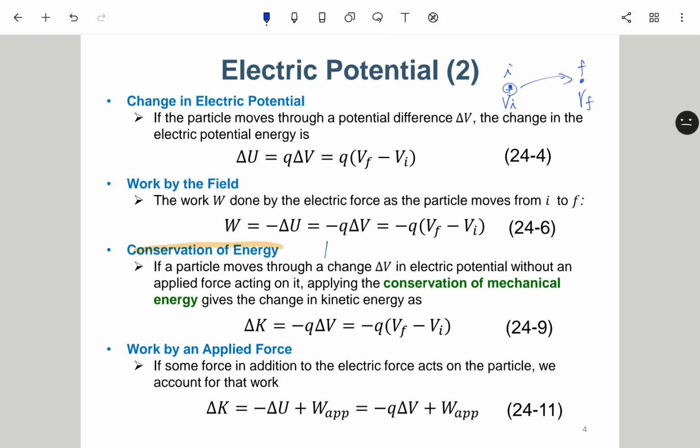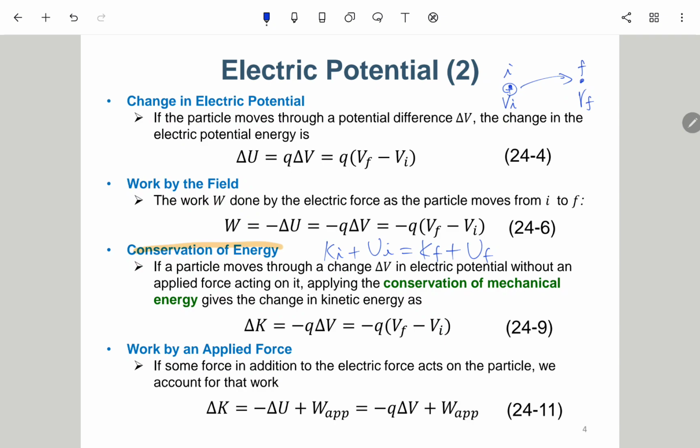the initial kinetic energy plus the initial potential energy equals the final kinetic energy plus the final potential energy. The left hand side is the total mechanical energy at the beginning, and the right side is the total mechanical energy at the end, and they are equal.